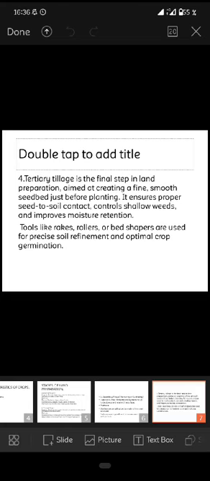Tertiary tillage is the final step in land preparation, aimed at creating a fine, smooth seedbed just before planting. It ensures proper seed-to-soil contact, controls shallow weeds, and improves moisture retention.